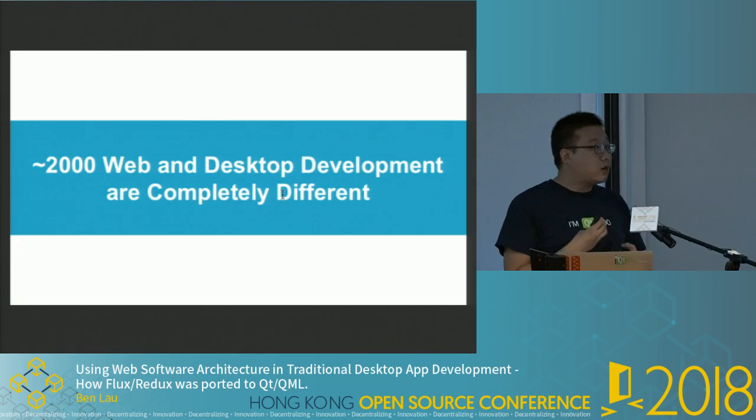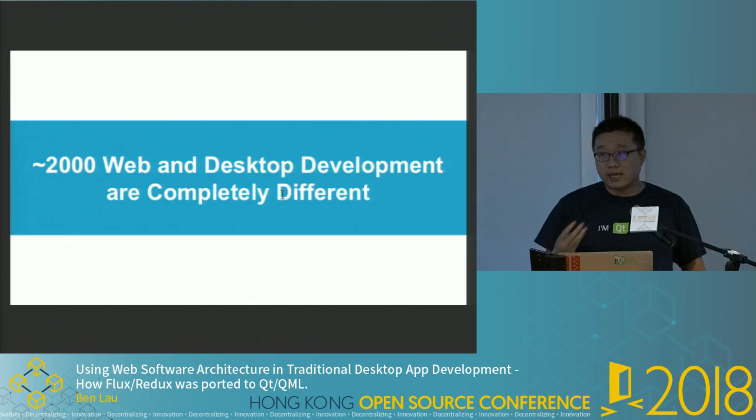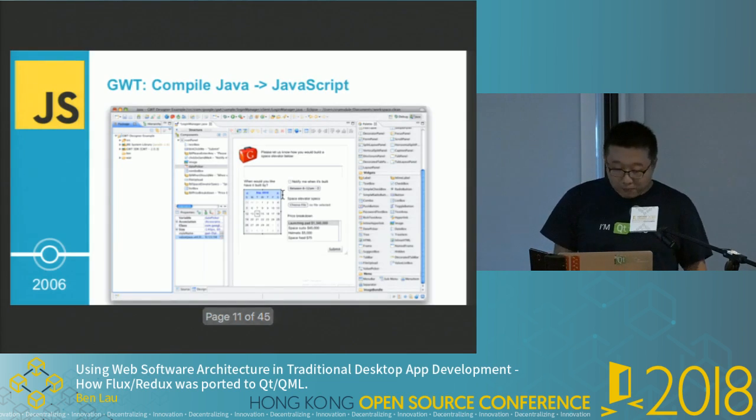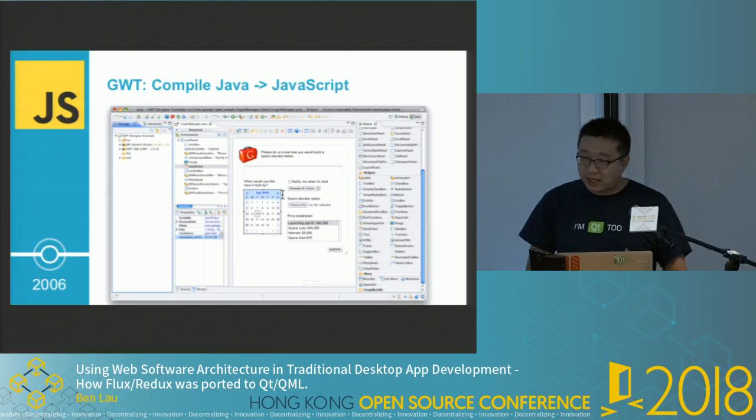So around the year 2000, web and desktop development were completely different. The tools, the experience, and the skill set were different, no matter what. But as more people got connected by the internet, the demand for a more powerful web grew. So people tried to make it more powerful.